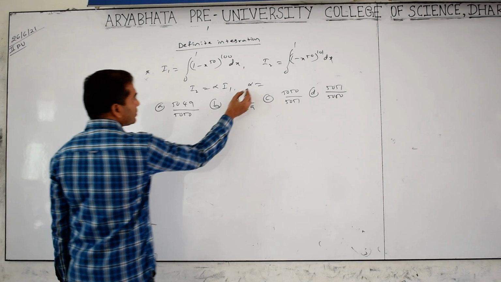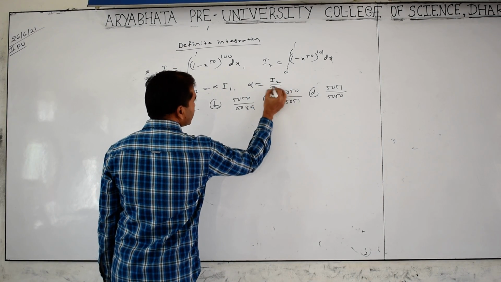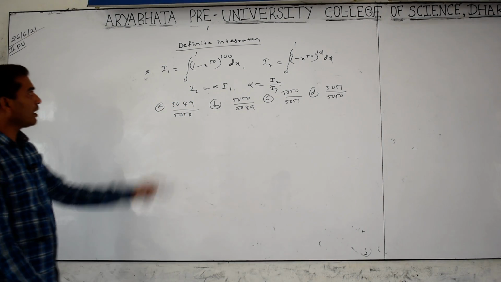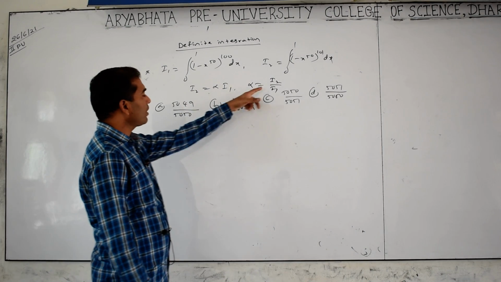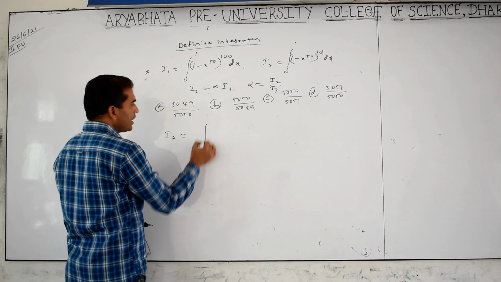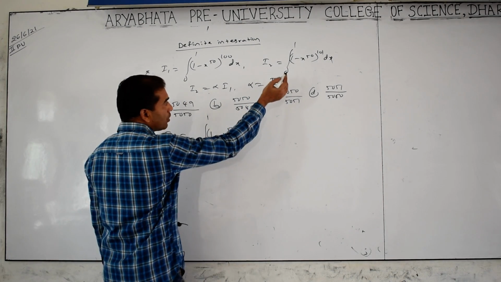Alpha is nothing but I2 by I1. If I2 equals alpha I1, then alpha equals I2 by I1. I2 is the integration from 0 to 1 of (1 minus x power 50) whole power 101.